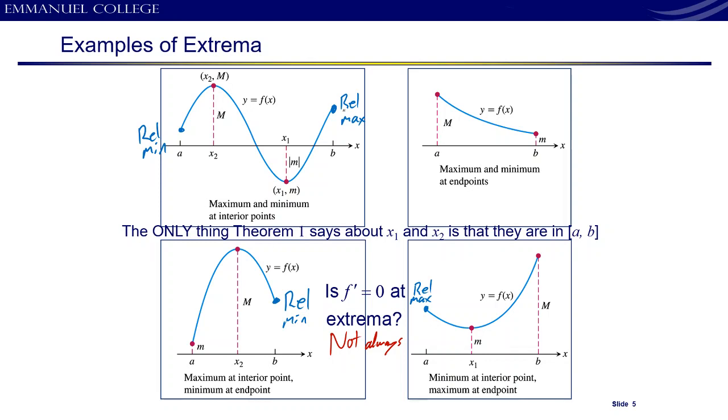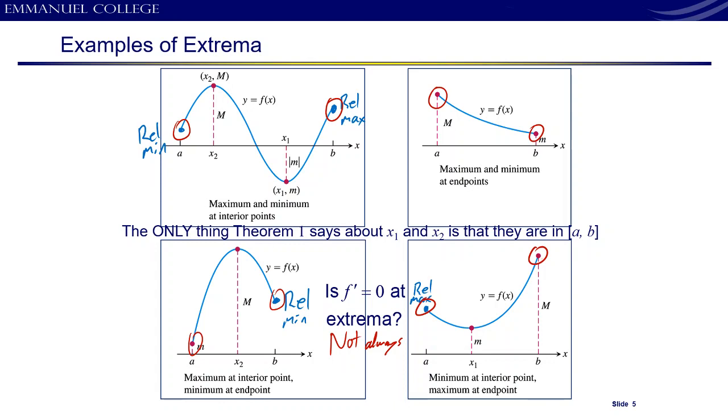Just for example, notice these endpoints. The endpoints were never, or not that they were never, but they don't have a derivative equal to 0.